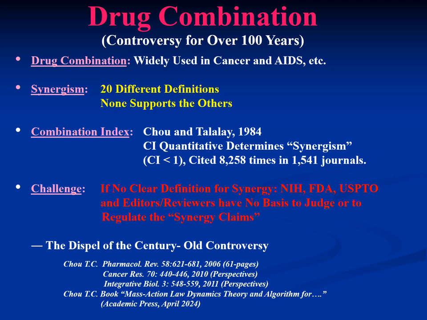The drug combination synergy determination has been a controversy over 100 years. My argument is, if no clear definition for synergy, then NIH, FDA, US Patent Office, and editors, reviewers have no basis to argue or to regulate the synergy claims.